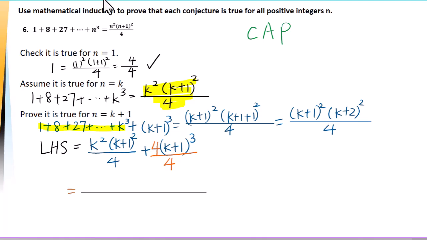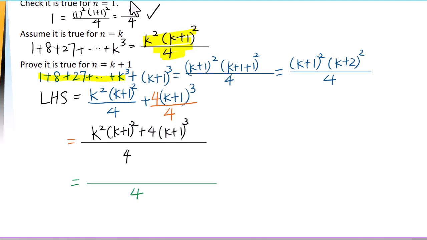Do not rush to expand (k plus 1) squared or (k plus 1) to the third power, because there is a common factor (k plus 1) squared. That gives k squared times (k plus 1) squared plus 4 times (k plus 1) to the third power, over 4. (k plus 1) squared is the common factor, so we take (k plus 1) squared out. We get k squared plus 4 times (k plus 1).